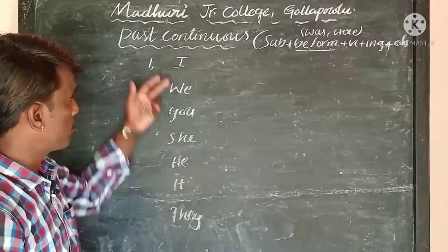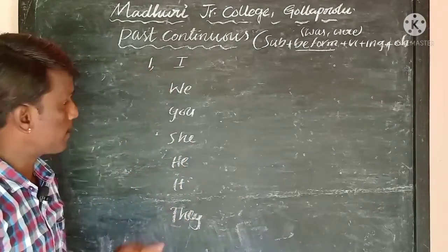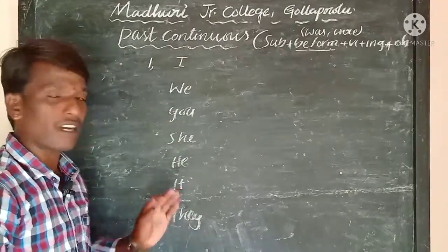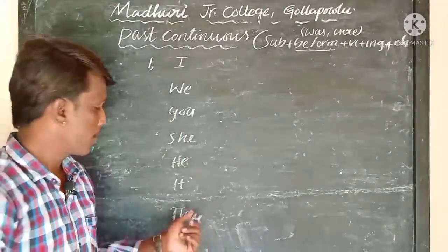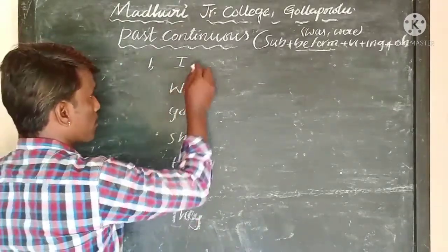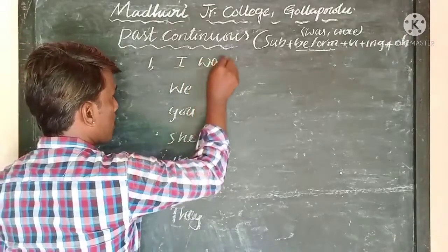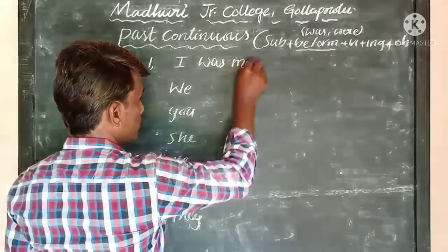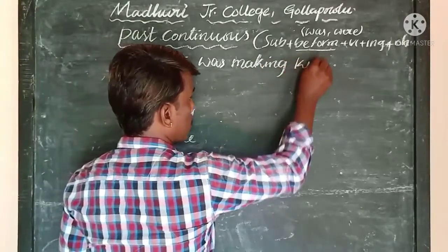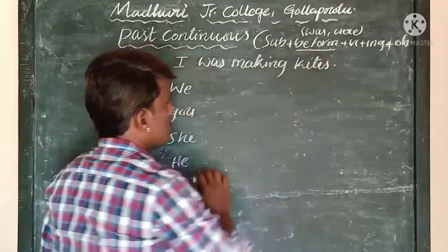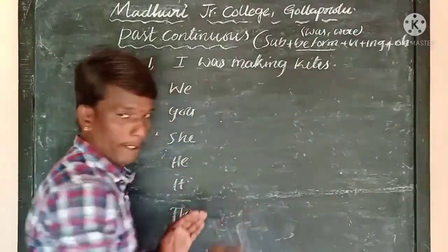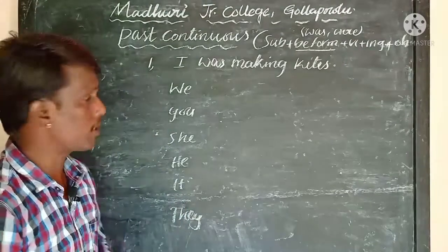We already know that I and we are the first persons, you is always the second person, she, he, it are third person singulars, whereas they is a third person plural. So let me write one example for the past continuous tense. I was making kites. So here, see, subject plus be form plus v1 plus ing form plus object. That is the structure of the past continuous tense.